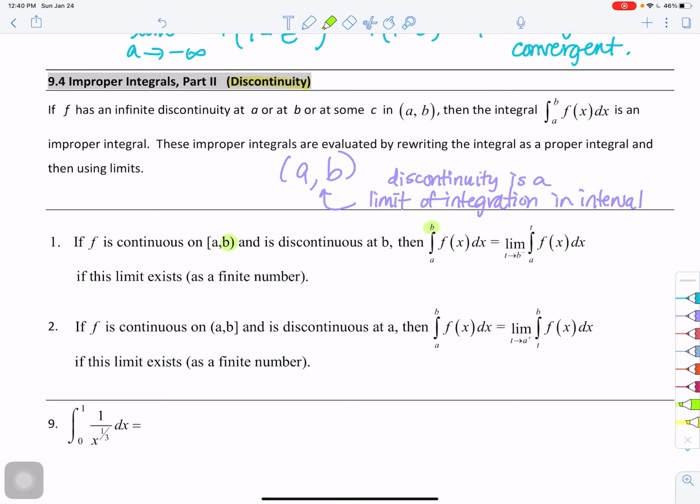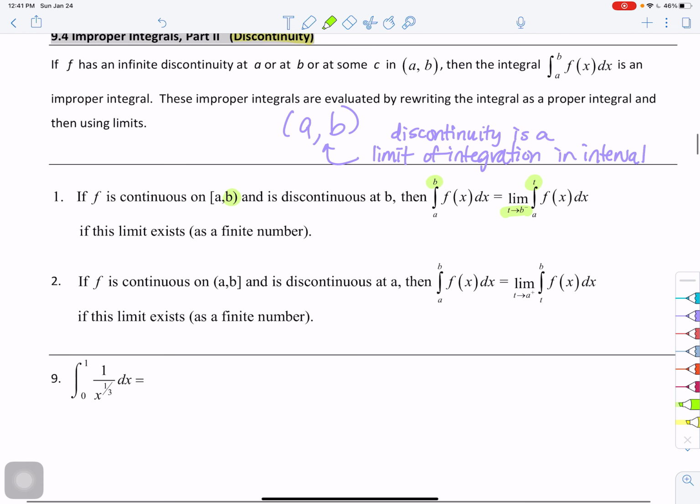We will approach b coming from the left and replace it here. Now we're using t's here because t is going to be within the interval. It's kind of nice. So basically, within the interval of a to b, so it's not necessarily an endpoint. You could still use b there if you wanted, but for a definition, it's a little tough.